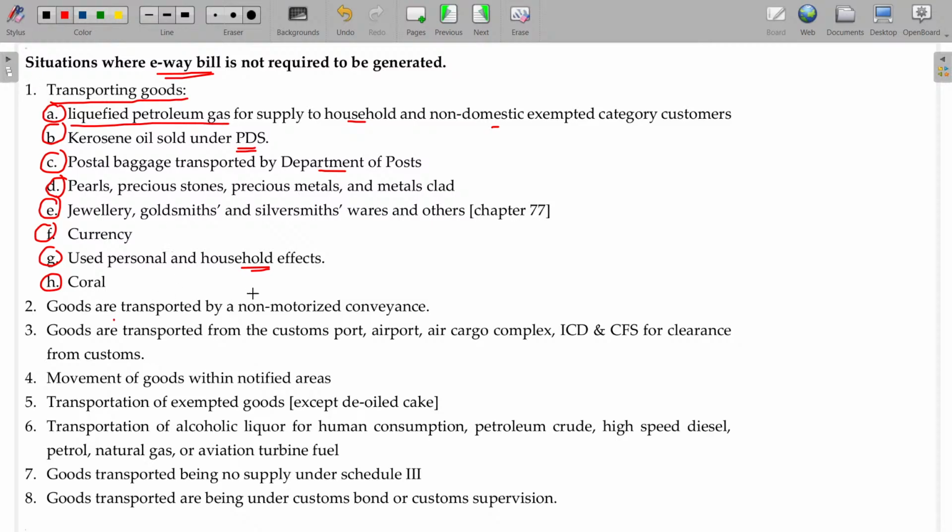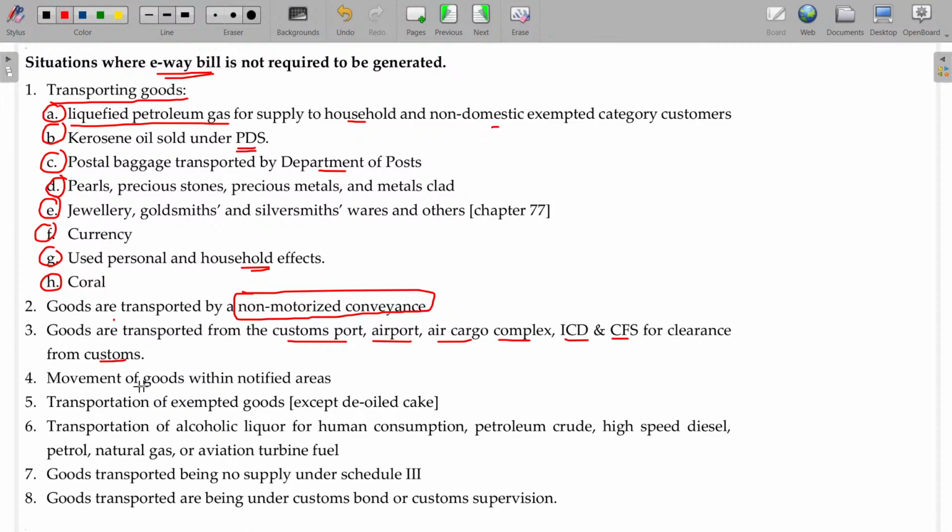And goods transported by non-motorized conveyances, like human-driven rickshaws, of course an e-way bill is not required. Goods transported from a customs port, airport, air cargo complex, ICD, CFS for clearance from customs, you are transporting from the port to the place where it is supposed to be cleared, in that time an e-way bill is not required.